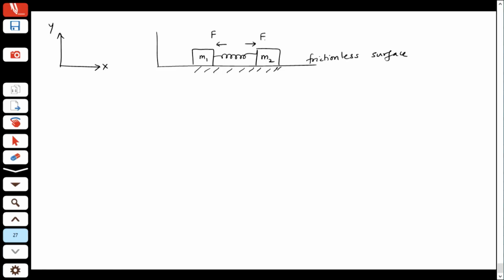Now, these are both internal forces, right.